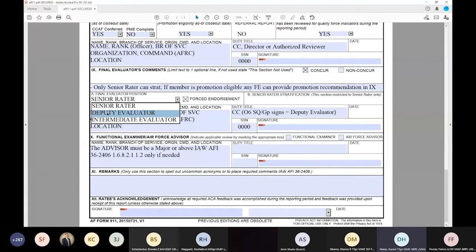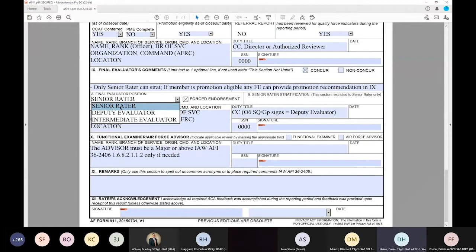For example, if it's a vice wing commander and they work directly for the member who holds the senior rater ID, then they would be signing as a deputy evaluator as well. So again, any colonel squadron commander, any group commander, or anyone who works directly for the senior rater would sign as a deputy evaluator.